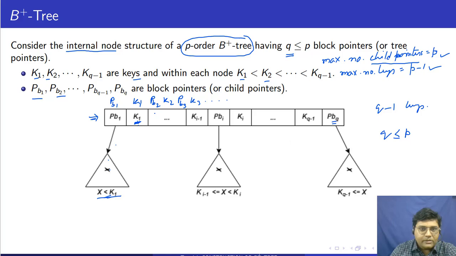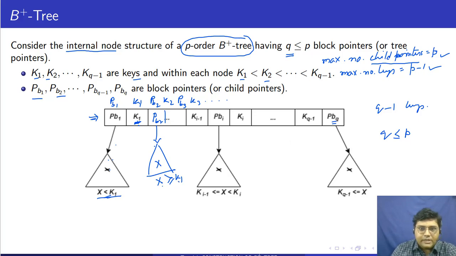Whereas if I consider PB2, which also points to a subtree, any x over here must be greater than or equal to k1. So any key on the left subtree must be less than k1, and any key on the right side must be greater than or equal to the key k1.